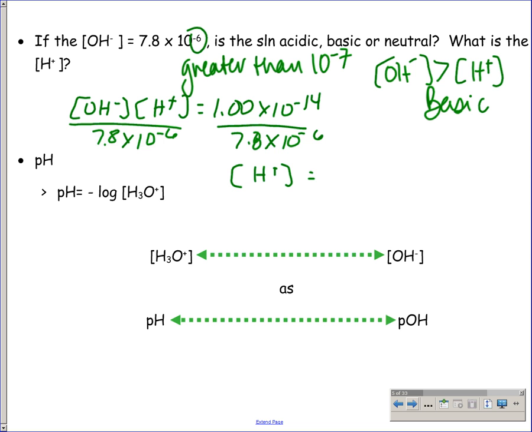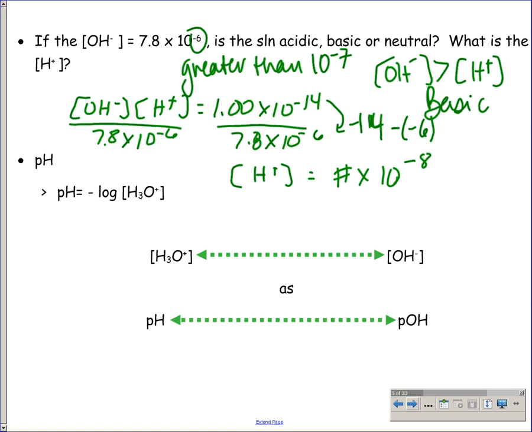You can simply look at the exponents and notice that you'll have 1 divided by 7.8, so some number, times 10 to the negative 14 plus 6, so that's going to give you 10 to the negative 8. It might change whenever you actually do the 1 divided by 7.8, but that's just how you can simply look at the math in your head.